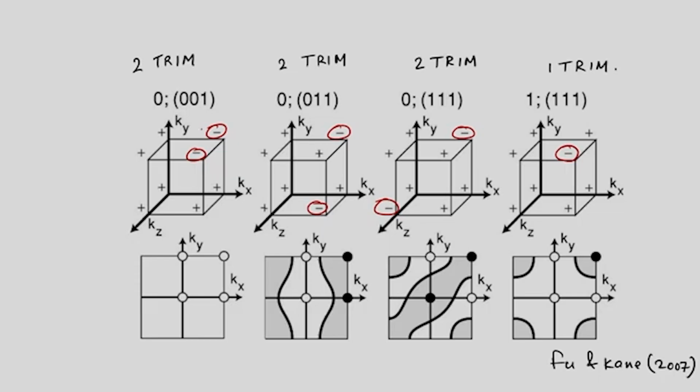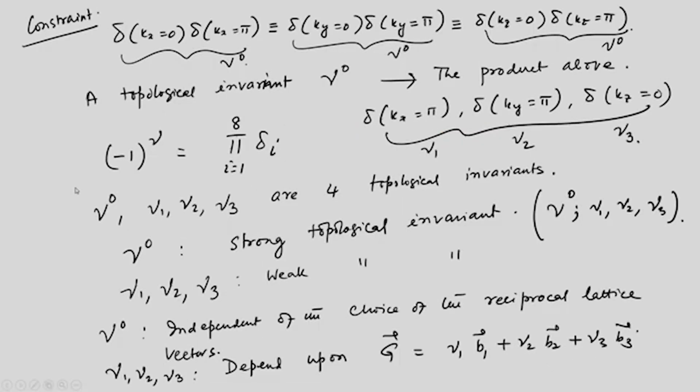These 2 trim points make it a weak topological insulator. This is exactly given in the same way as we have just said. There is a nu 0 with a colon, and these are the representations.